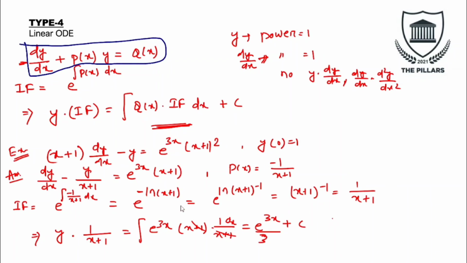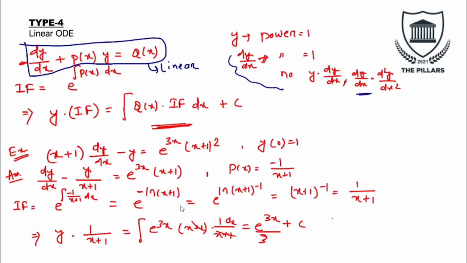If in doubt, just check the linearity conditions, that is the power of y must be 1 and the power of all the derivatives of this dependent variable must be 1, and there should be no terms like y into dy by dx or y into d square y by dx square or dy by dx into d square y by dx square. Then if these conditions are satisfied, then we say this equation is a linear ordinary differential equation.